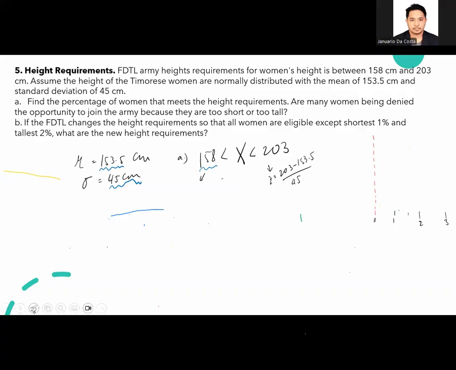Okay, so basically, what are the new height requirements? Oh, why did I erase my normal distribution table? Oops. Okay, never mind. Let me just erase everything first.